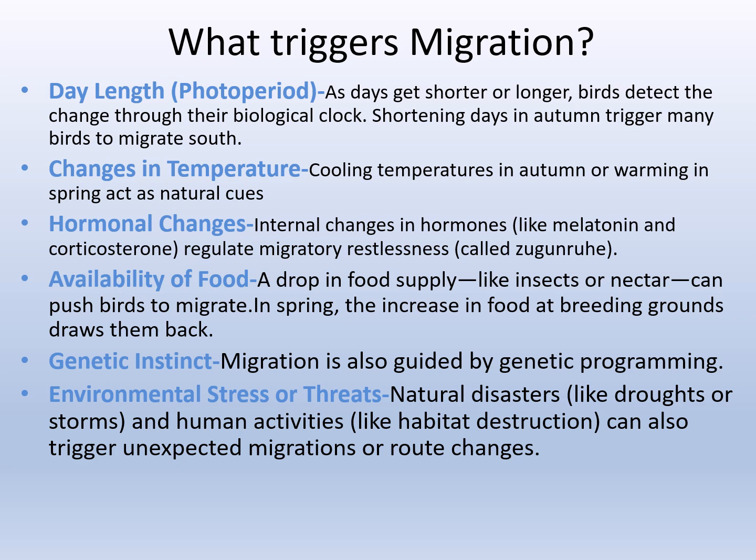Availability of food. A drop in the food supply can push the birds to migrate. In spring, the increase in food at breeding grounds draws them back. Genetic instinct. Migration is also guided by genetic programming. Environmental stress or threats. Natural disasters like droughts, storms, and human activities like habitat destruction can also trigger unexpected migrations or route change.